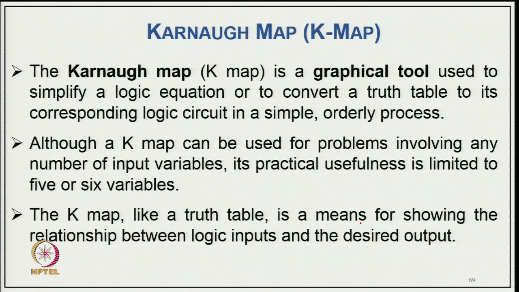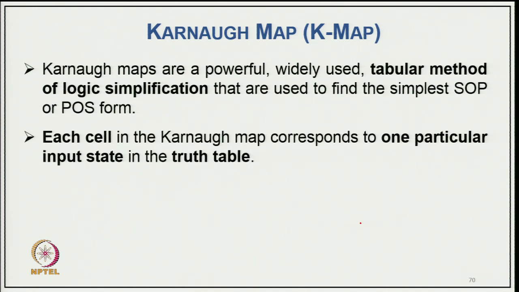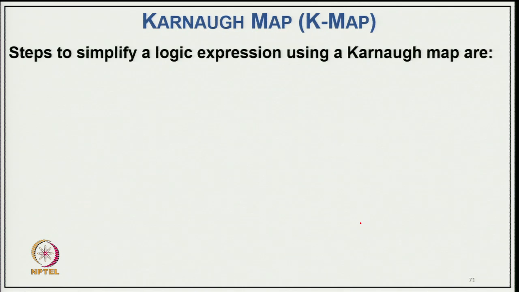The K map, like a truth table, is a means of showing the relationship between logic inputs and desired output. Karnaugh maps are a powerful, widely used tabular method of logic simplification that is used to find the simplest sum of products or product of sums, and each cell in the Karnaugh map corresponds to one particular input state in the truth table.